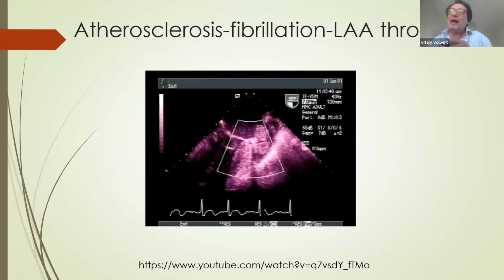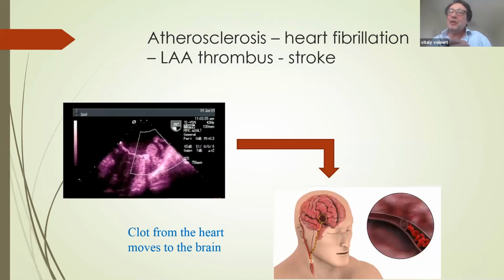Okay, I wanted to show you another video, but I will do it without video here. In fact, it shows clot formation in the heart. It's a very dangerous process.